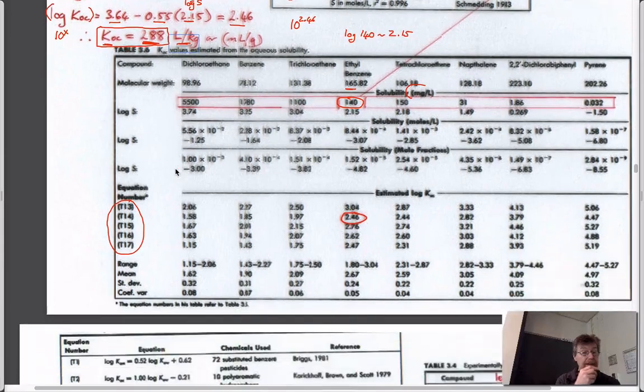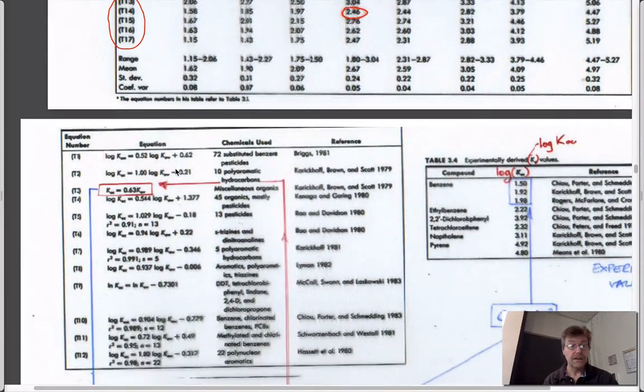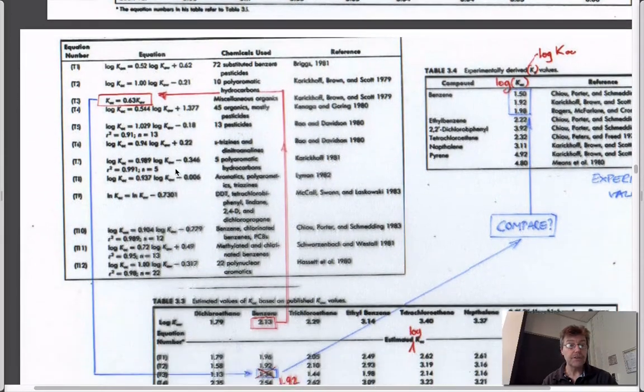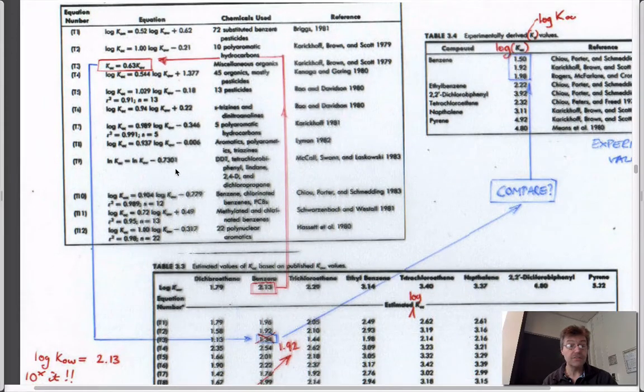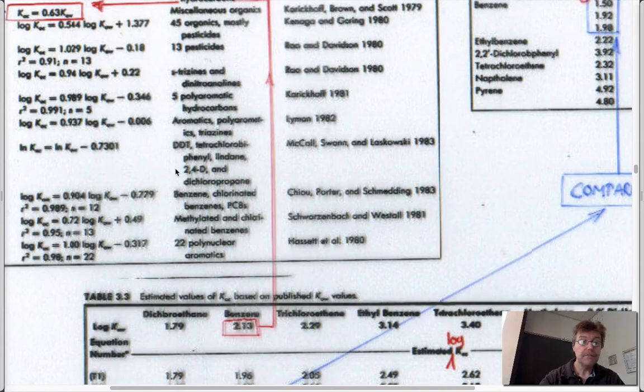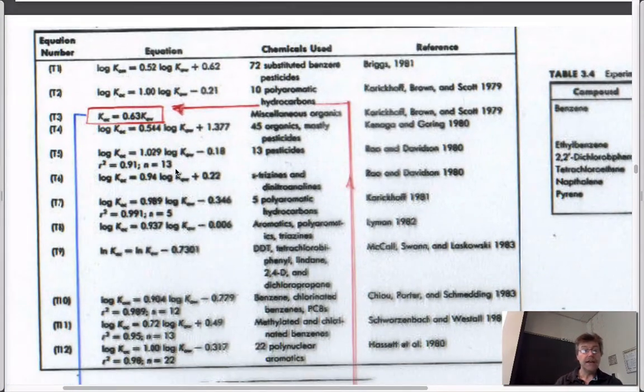If you want to do the same estimate using the magnitudes of octanol water partition coefficients, again, it is a recipe. There are a whole bunch of these different relationships. You have to pick one of them, which takes the magnitude of this octanol water partition coefficient.